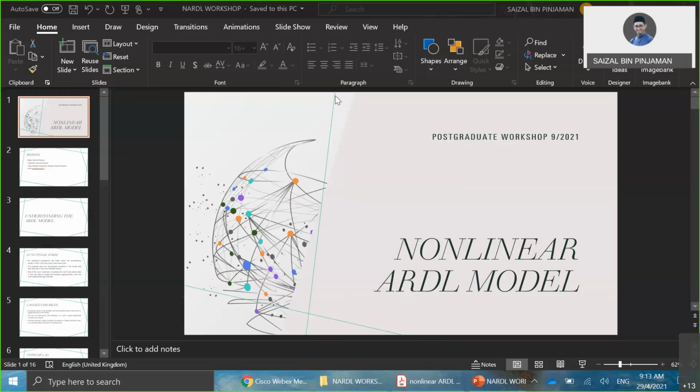Since we are under the controlled movement order in UMS, I cannot enter and go to the JTMK. So for that reason, for this particular workshop, I have to use EViews version 9. I hope that you are okay with it.